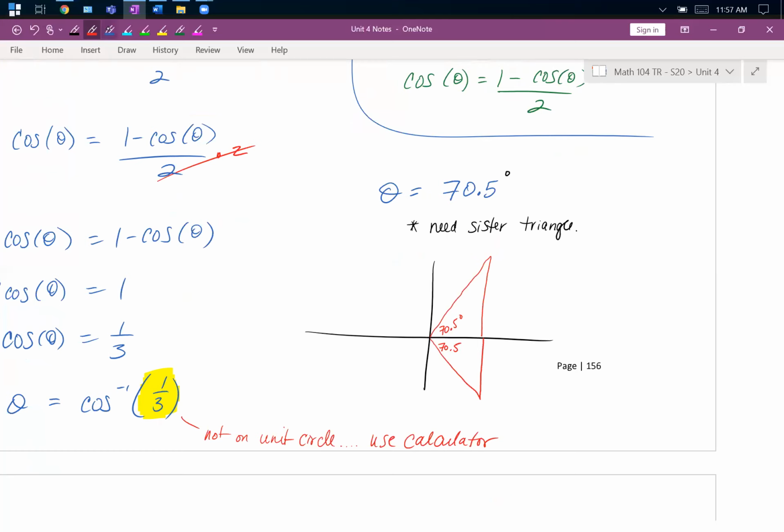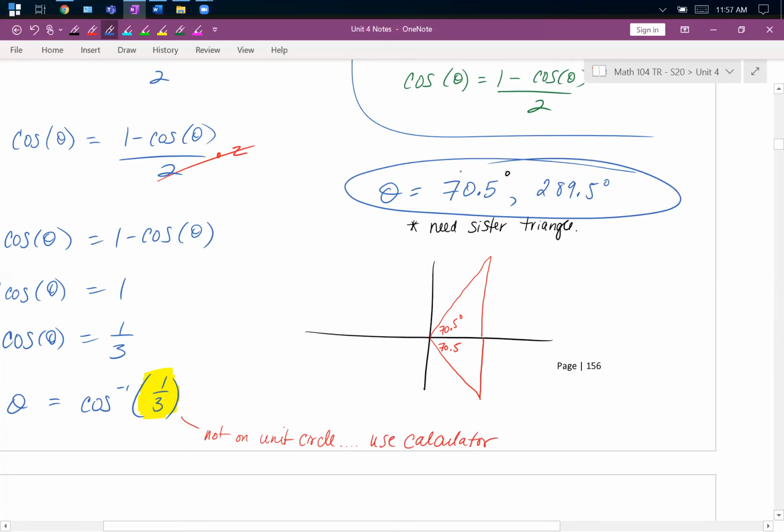What is that second angle going to be? 289.5. And how did you come up with that? I subtracted 70.5 from 360. Perfect. And there we go.